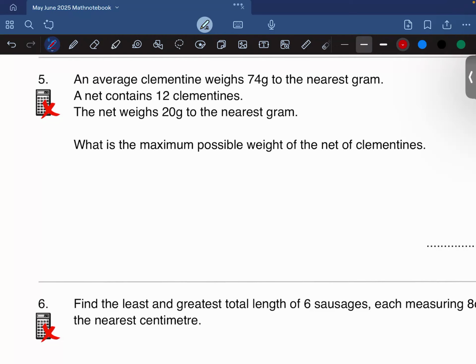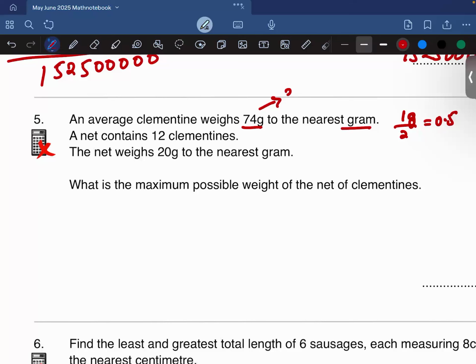What is the maximum possible weight of the net of the clementines? Now let us understand this a bit. An average clementine weighs 74 gram, correct to the nearest gram. So 1 gram divided by 2 would be 0.5 gram. So 74.5 would be the upper bound and the lower bound would be 73.5.